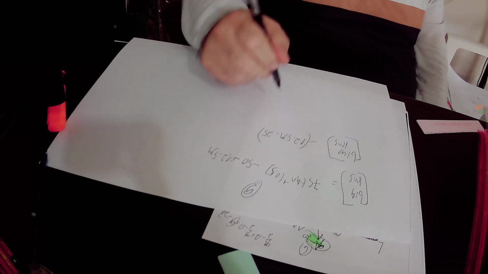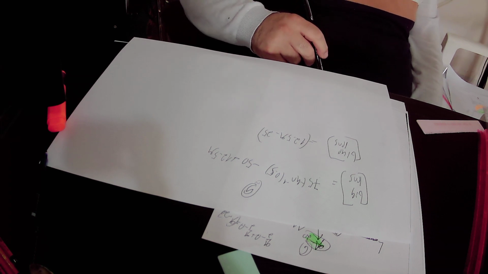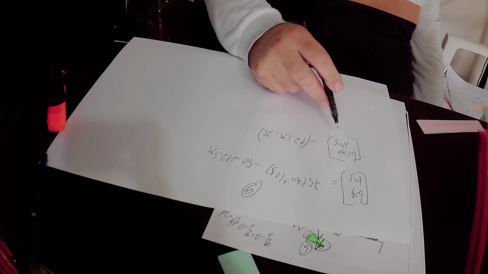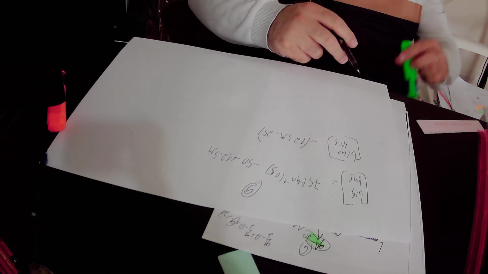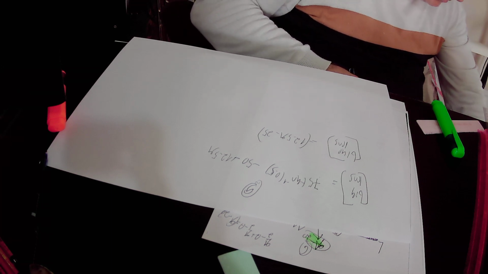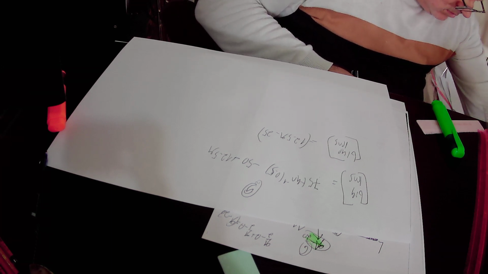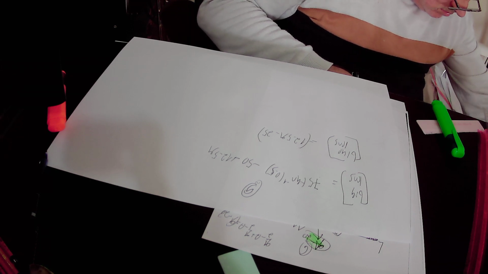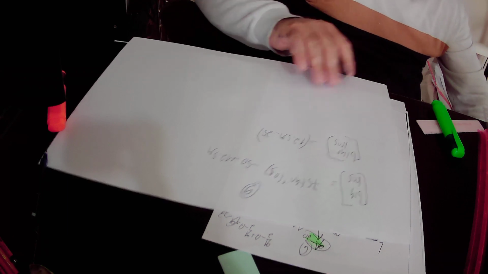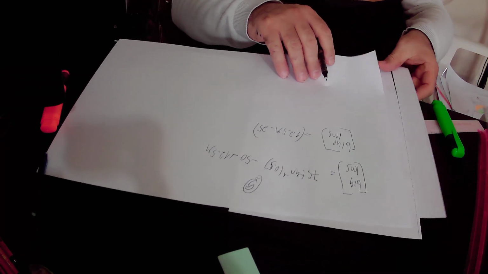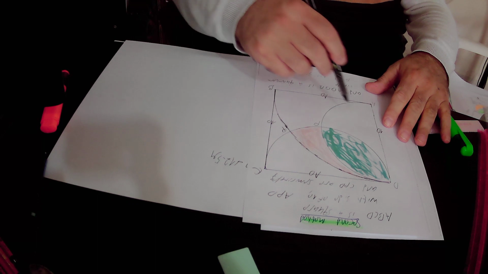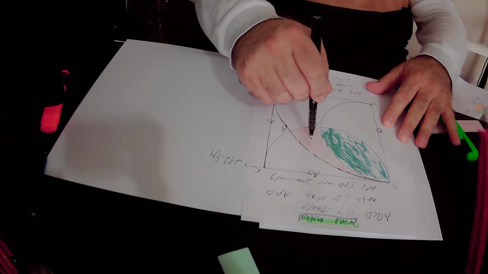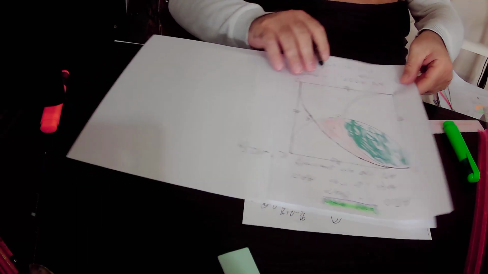Now, from there, the area of the big lens minus the area of the blue lens equals the area of the orange shape. Again, the area of the big lens minus the area of the blue lens equals exactly the area of the orange shape.